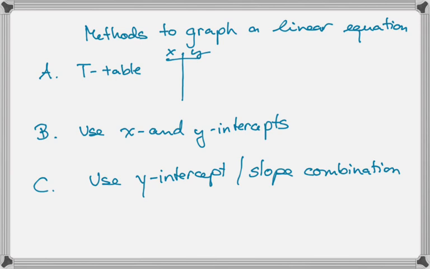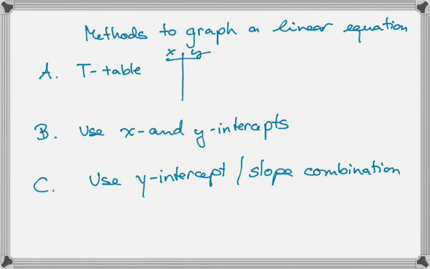Not my preferred way, but the book shows it first, so I'm going to show you 1 or 2. I don't really ever use the t-table per se in graphing lines. I use the x and y intercepts. That's also in 2.1. If they are multiples of each other, then it's real easy to graph these 2 points and you connect the dots.